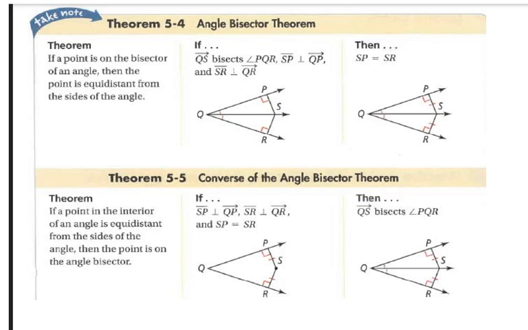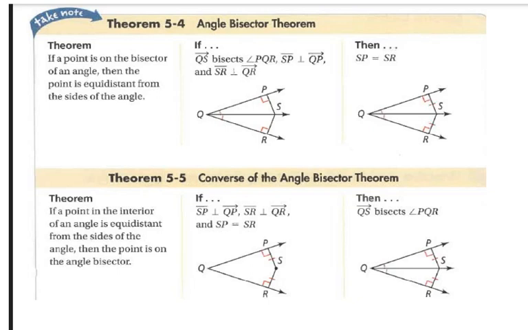And if you have a bisector, and you also have perpendicular line segments, notice it says line segment SP is perpendicular to ray QP, and line segment SR is perpendicular to ray QR, then these 2 line segments are congruent. And congruent, of course, means equal, and then we can set them equal to each other and solve.